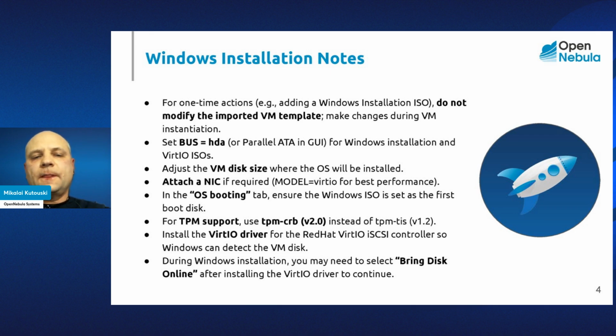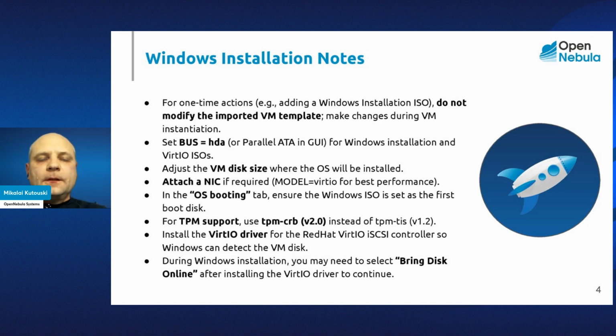The same is true for the virtio ISO, because it contains drivers for the virtio bus, which we have for the empty disk where we are going to install the Windows operating system. So please, for both of them, apply this setting: bus equals HDA or parallel ATA, depending on which interface you're using.